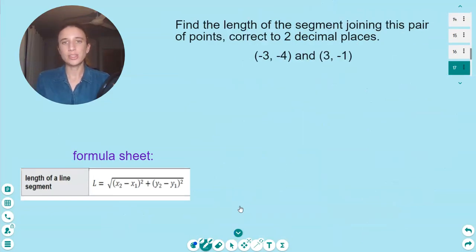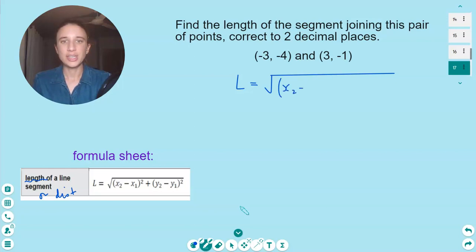And last question of the day, and then I'll just show you a little summary. Finding the length of this one. So first, go to your formula sheet and know that this is the length of a line segment, or the distance between two points. So the change in your x values squared plus the change in your y values squared.